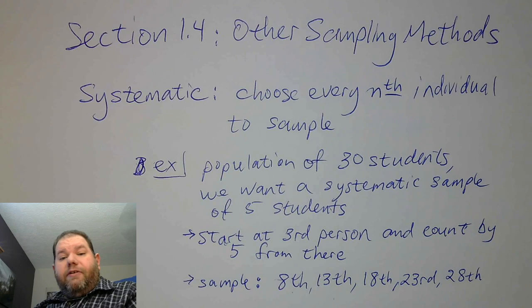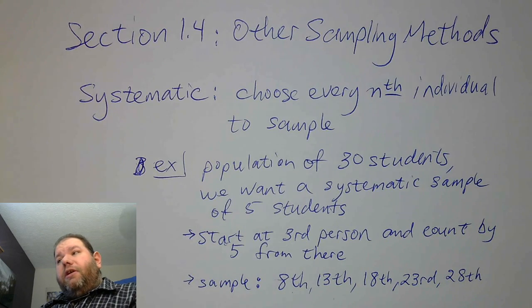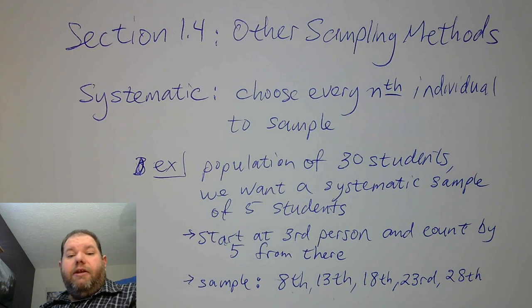So when we say systematic, the giveaway that a sampling method is systematic is that we pick every so often, every 10th individual, every 5th individual, just whatever the size of the population and the sample size needed dictates. If we wanted a sample of 10 students out of 30, we would probably count by 3s.